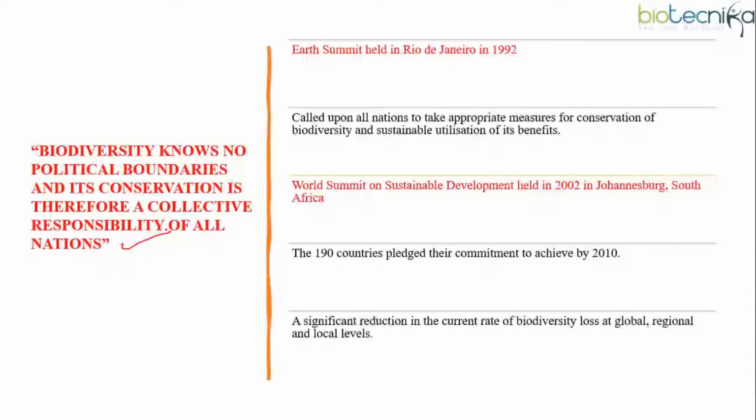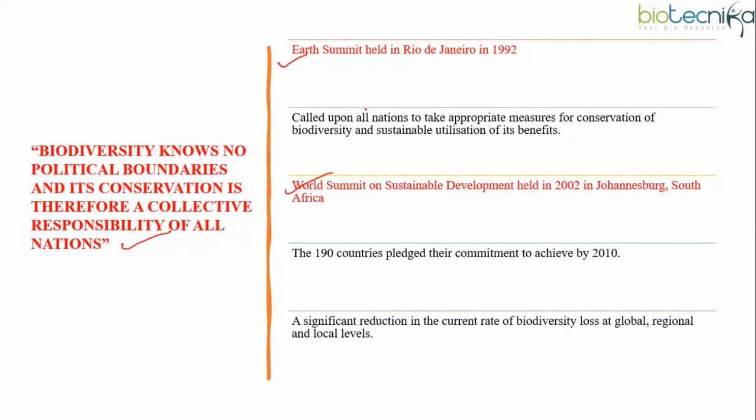When we talk about political boundaries, or about nations collaborating for taking actions on conservation of biodiversity, these two historic conventions on biological diversity are very important. First is the Earth Summit, which was held in Rio de Janeiro in 1992.